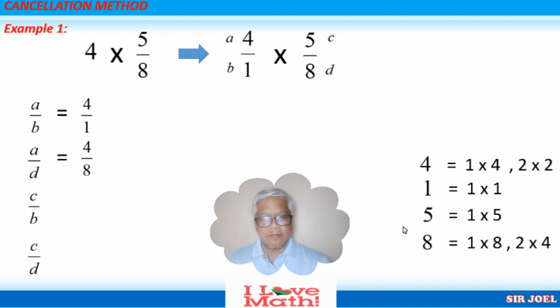Dahil maraming factors, look for the greatest common factor. Ano nga ang greatest common factor ng 4 and 8? The answer is 4. Very good. So, ibig sabihin, that common factor 4 will serve as common divisor ng 4 and 8. Ayos? Now, what is 4 divided by 4?